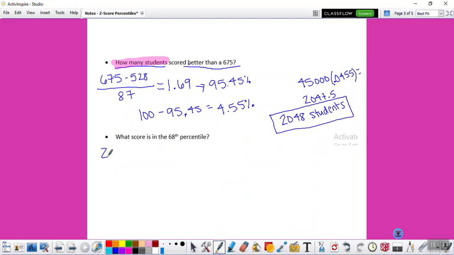So I know that z equals 0.47. So x minus 528 over 87. I'm going to multiply both sides by 87.